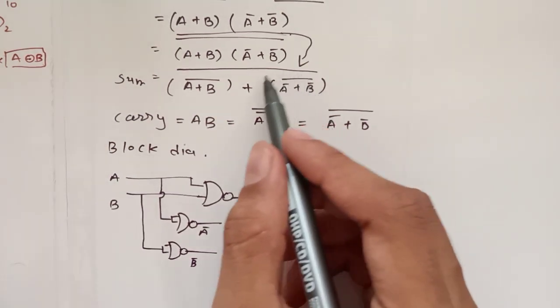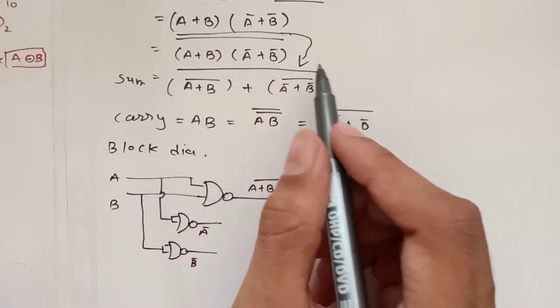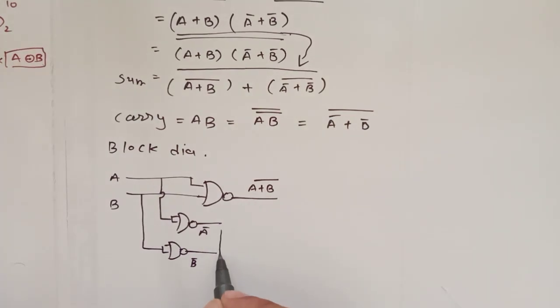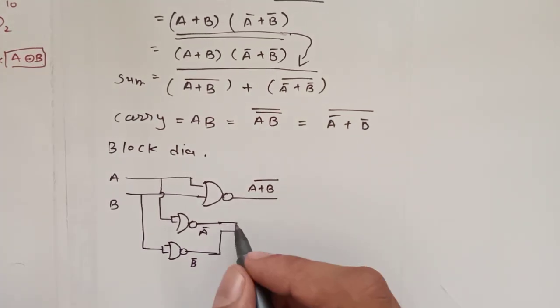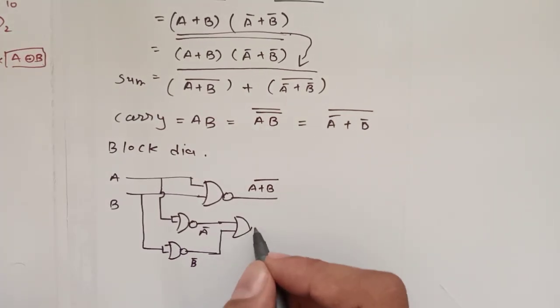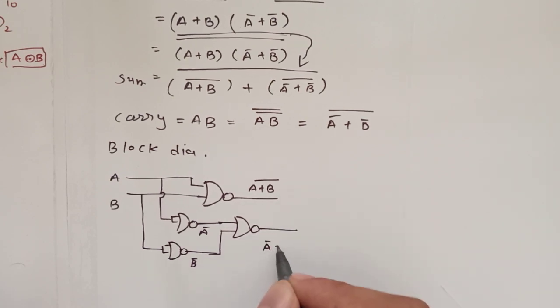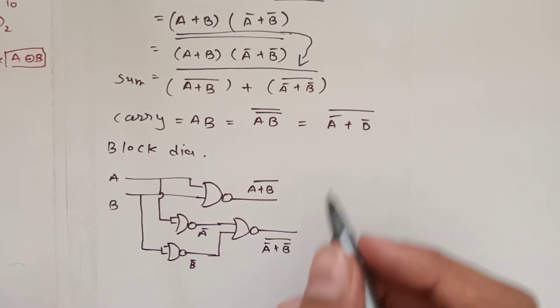Now these two are added with the help of a NOR gate, and we get (A' + B')'.